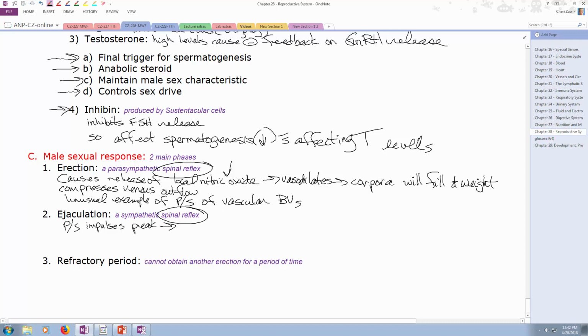And when they peak, kind of like our LH surge, where high estrogen levels cause an LH surge, this causes reflexive peristalsis in the duct system of the male, resulting in ejaculation.